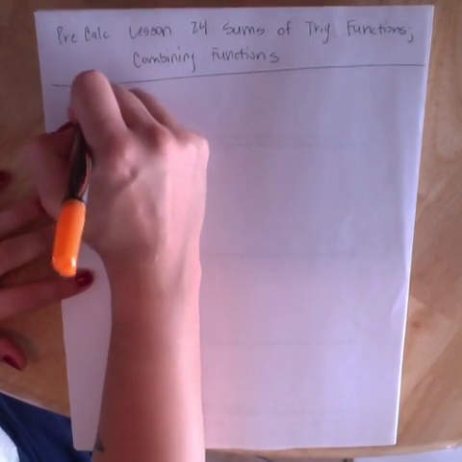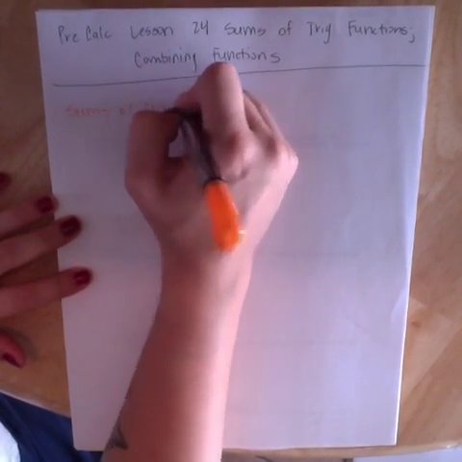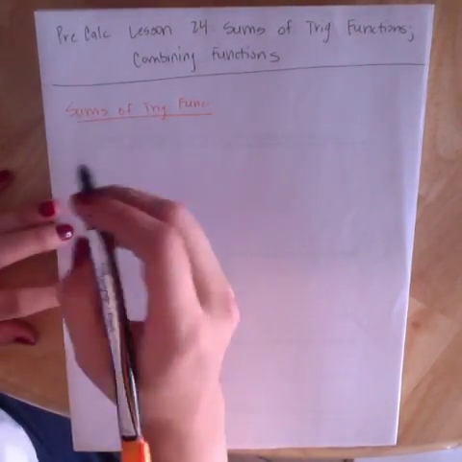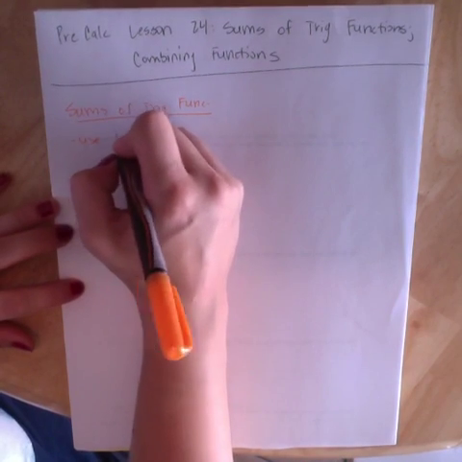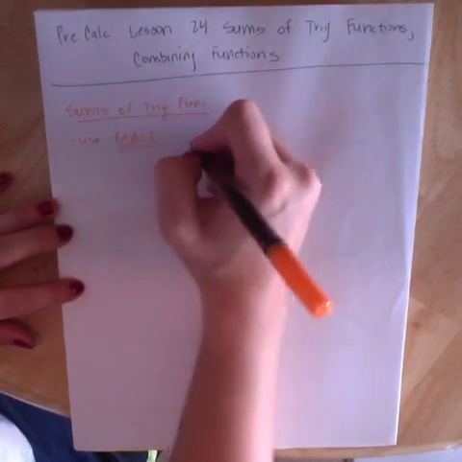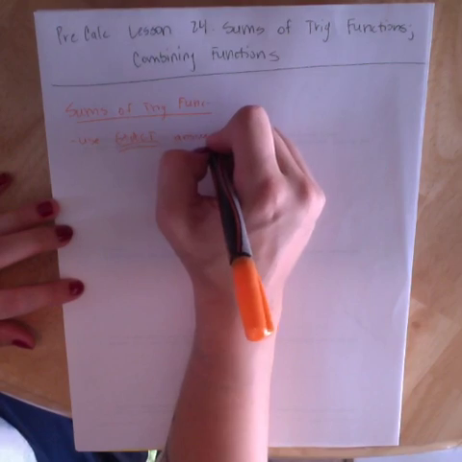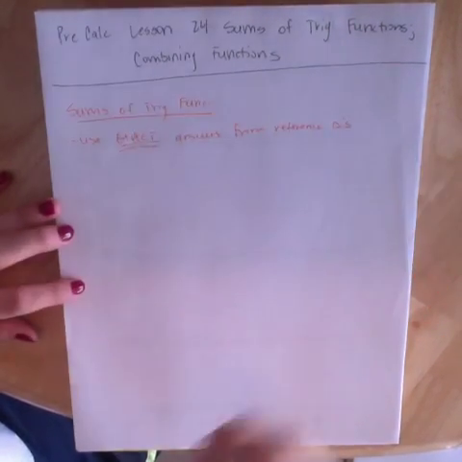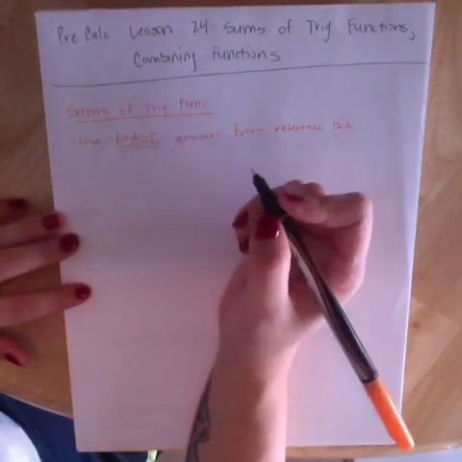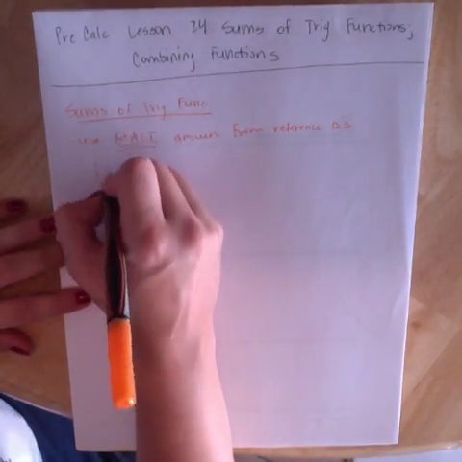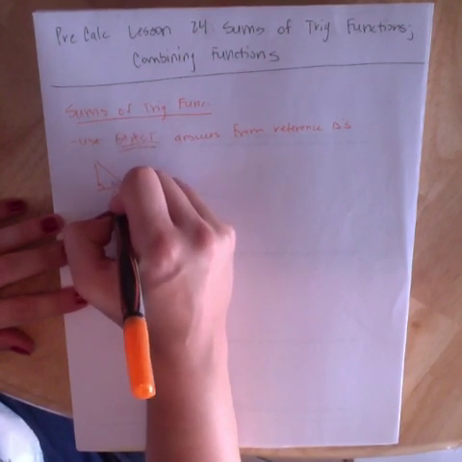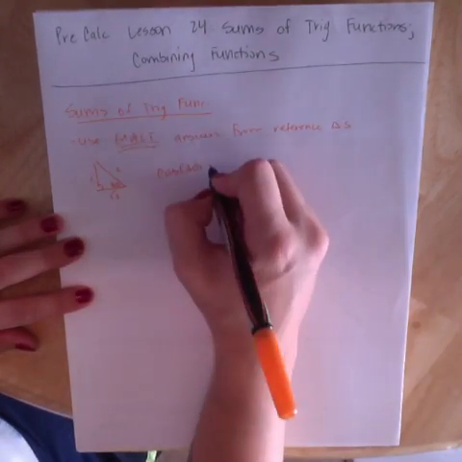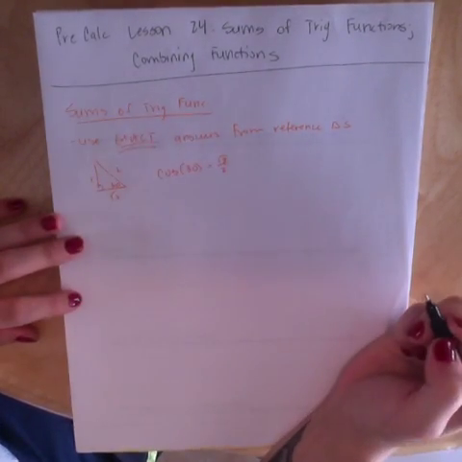Okay, for sums of trig functions, every single time we do this, we are going to use exact answers from our reference triangles. So, for example, what an exact answer is, if we have this reference triangle and I asked for the cosine of 30, the cosine of 30 is root 3 over 2.